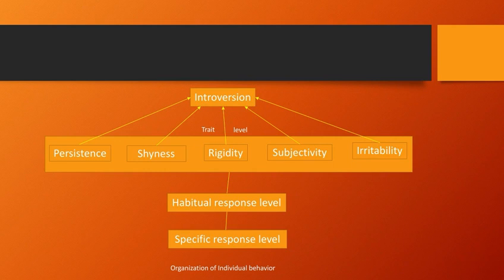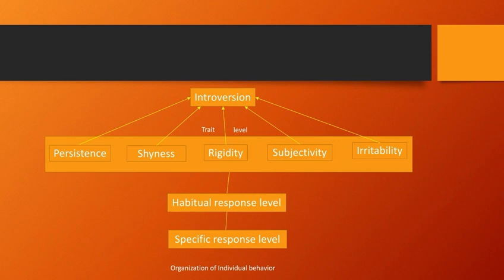The habit was the same, for example, not talking to others, being unsocial, being hesitant, and these all lead to a trait which is shyness. The other traits like persistence, rigidity, subjectivity, these are the trait levels of that particular person. This is the third level.